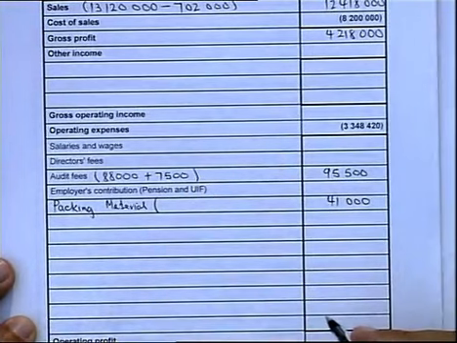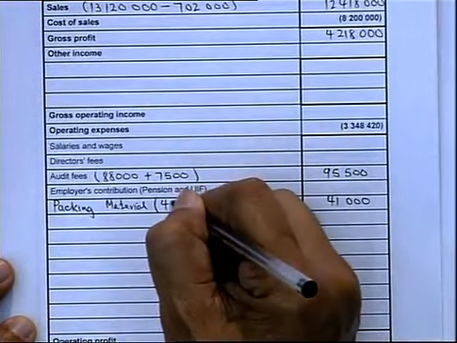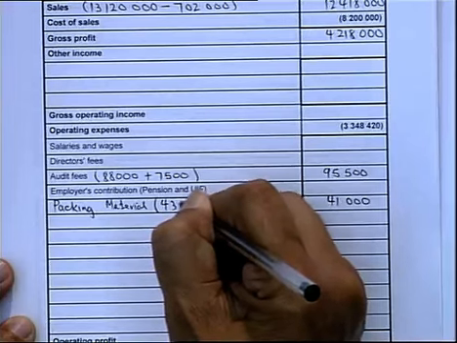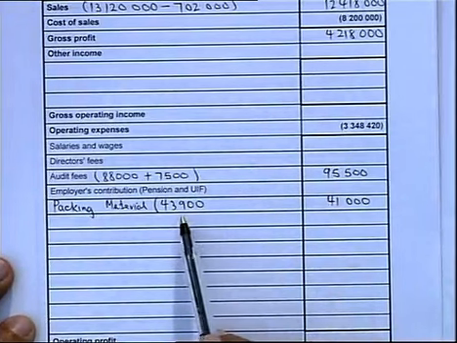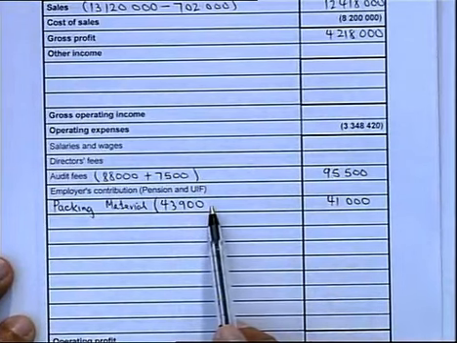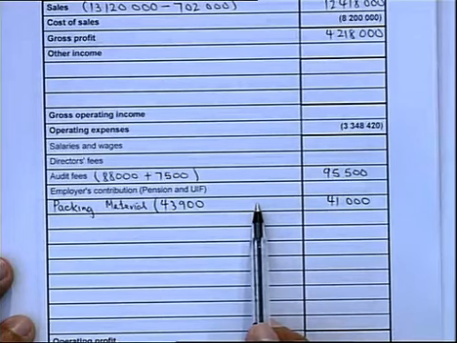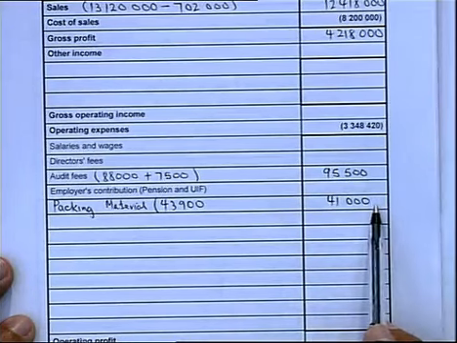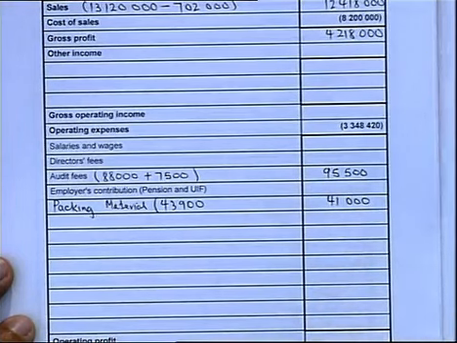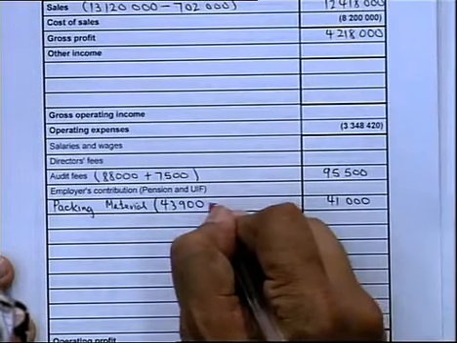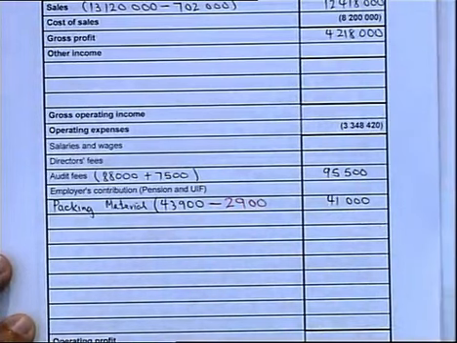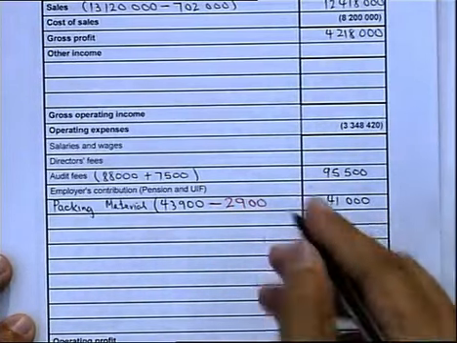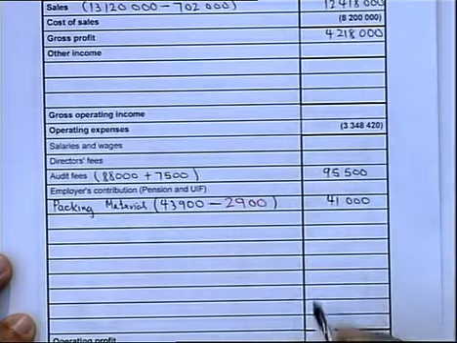But as we do, we start with the figure in brackets for packing material, which was 43,900. The 43,900 was the figure in the trial balance. They did not say how much packing material is on hand, but they said that the packing material used for the year is 41,000. So if we want to do, we can go and calculate what was the packing material that was on hand, which in this case was 2,900.